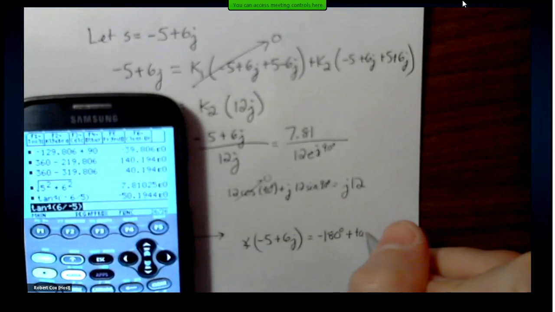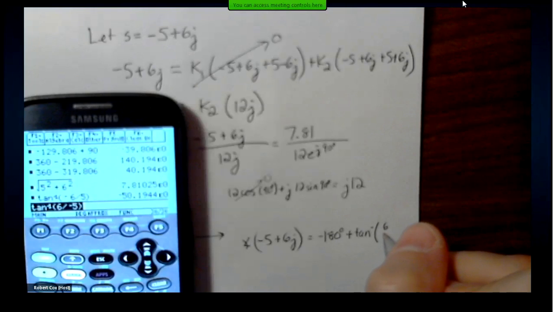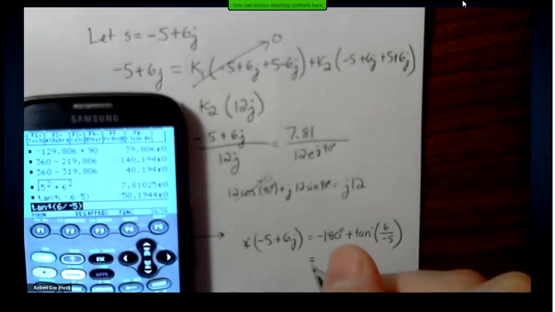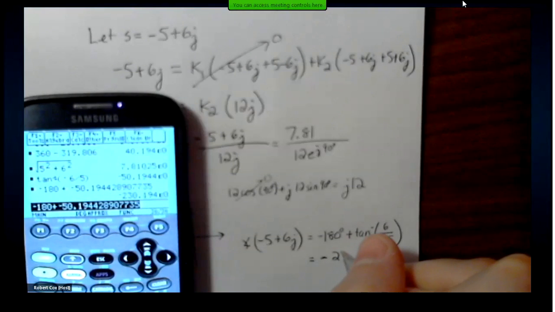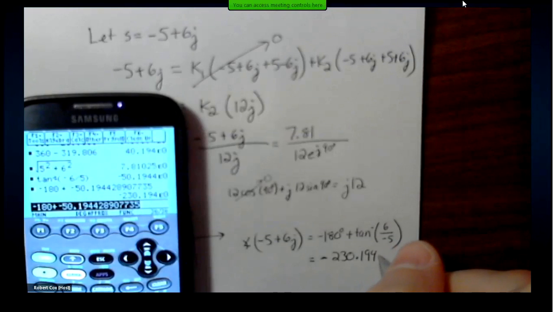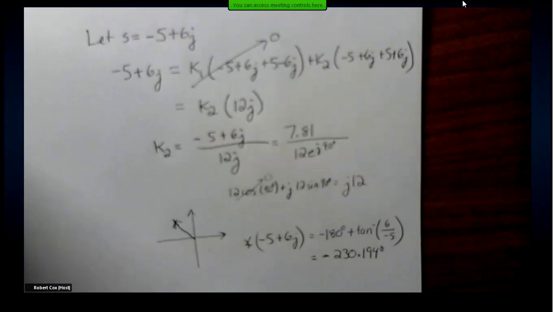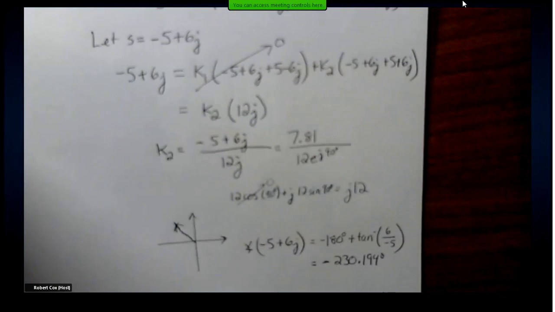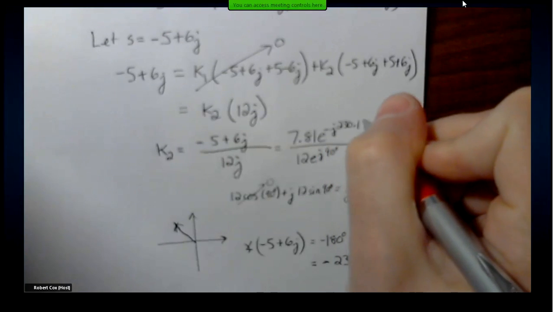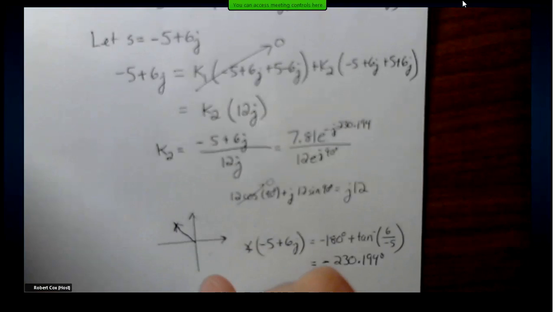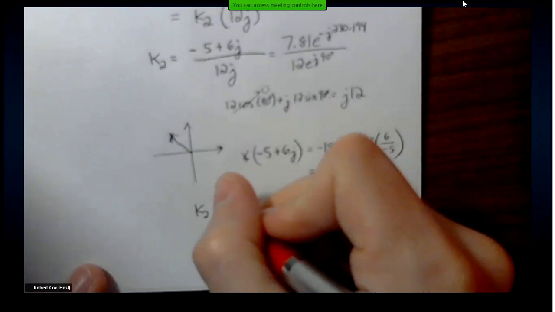So it was plus arctan of 6 over minus 5. That becomes negative 180 plus that answer, minus 230.194 degrees, which makes sense. Minus 230 degrees should be somewhere over in the second quadrant. So that tells me that this top guy becomes e to the minus j 230.194.